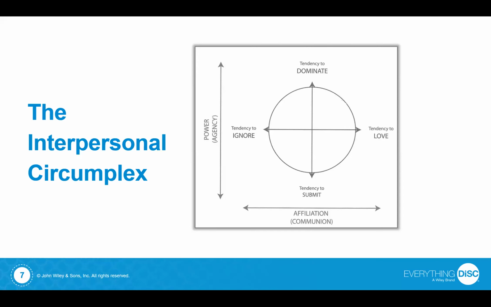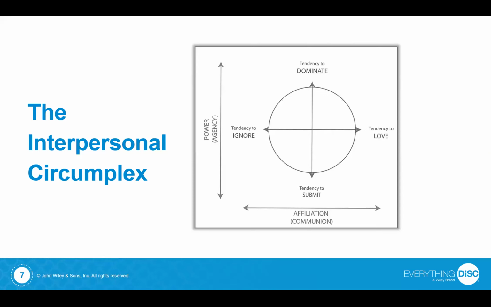And if you've got a low need for communion or affiliation, that is, you don't need to be around people much, you have a tendency to ignore. Then on the vertical scale, if you've got a high need for power or agency, you have a tendency to dominate, and low need, a tendency to submit. Now, that's not language that we would typically use today. In fact, we don't.